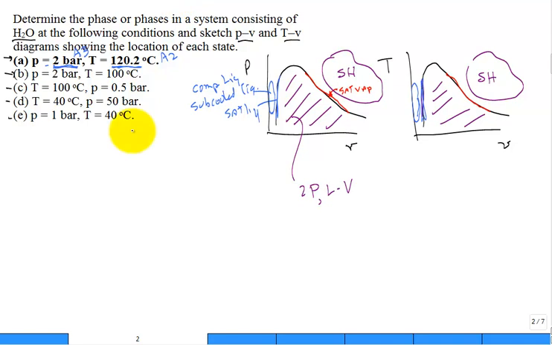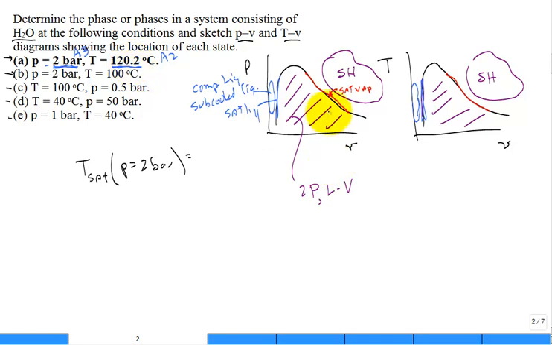If we go to table A3, we want to find the saturation temperature for the pressure of 2 bar. And then we'll look that up, and then we'll see, is that saturation temperature at 2 bar equal to this?